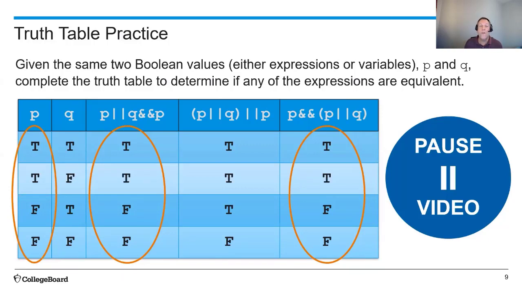So really, all of these expressions can be simplified to just whatever P happens to be in this case. And we've been using the truth tables here to verify that. So these expressions are all equivalent. P is the same as saying P or Q and P, no matter what Q and P happen to be. And it's the same as P and P or Q, no matter what P and Q happen to be. All of these are equivalent Boolean expressions.